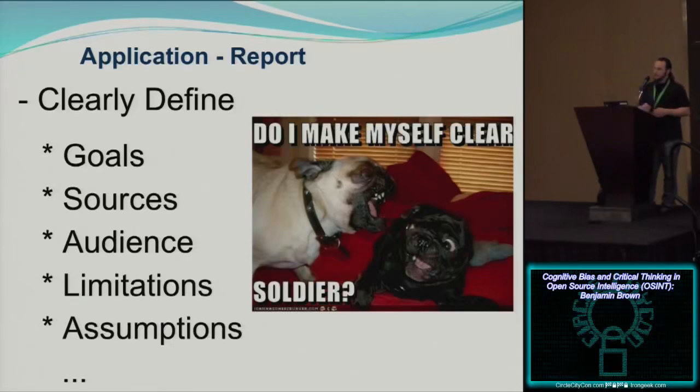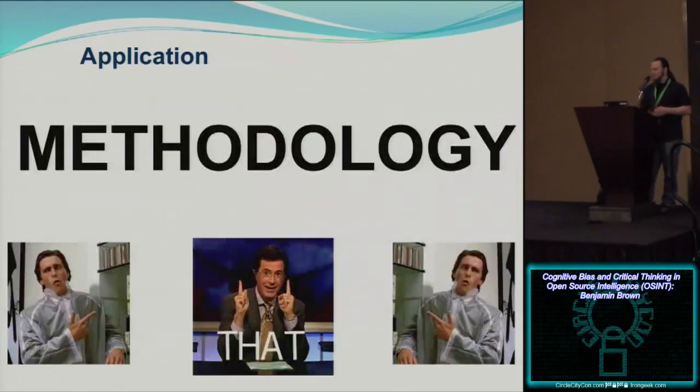You also want to be listing what your working assumptions are. You know, really lay that clearly out at the beginning of your report. And the most important one is methodology. This is what really lends credibility to an analysis, is when you have your methodology clearly laid out for anyone to go in and test it.